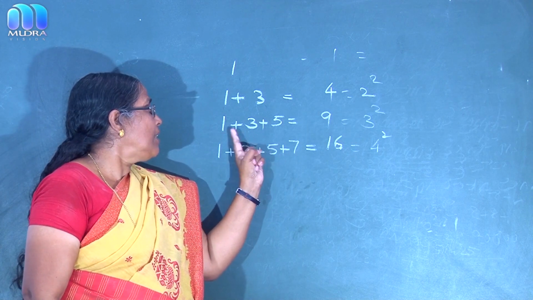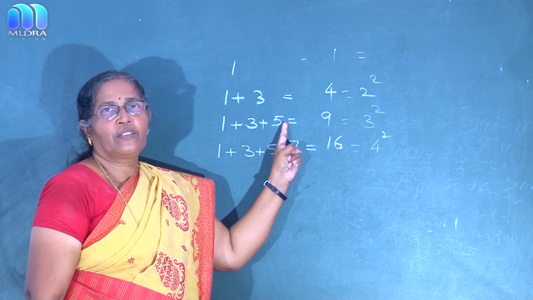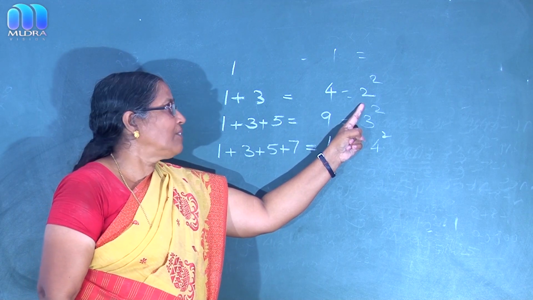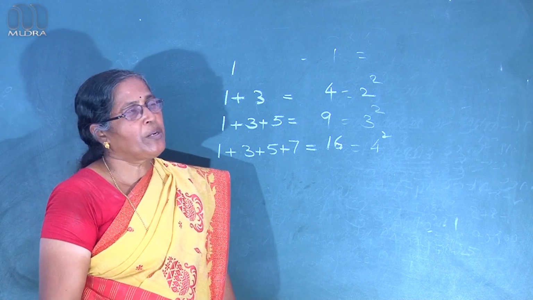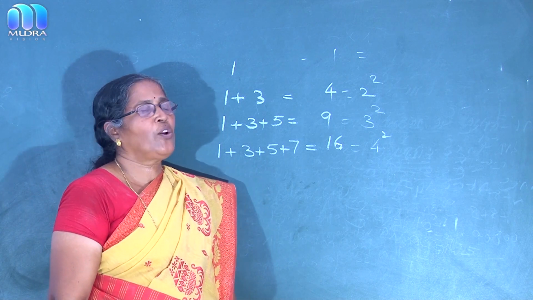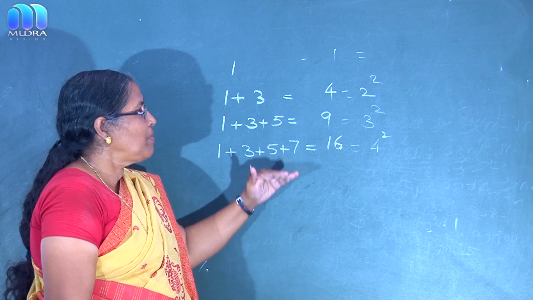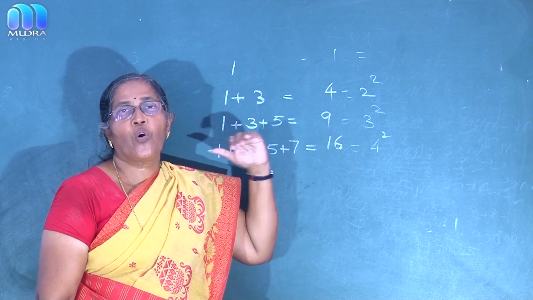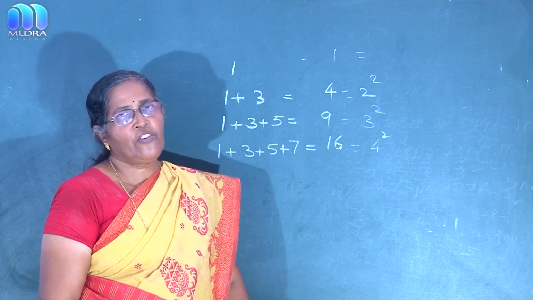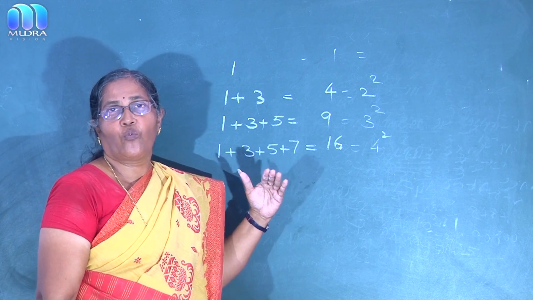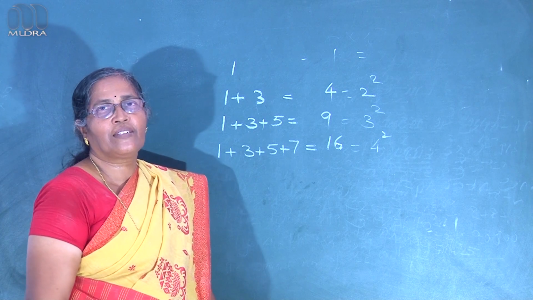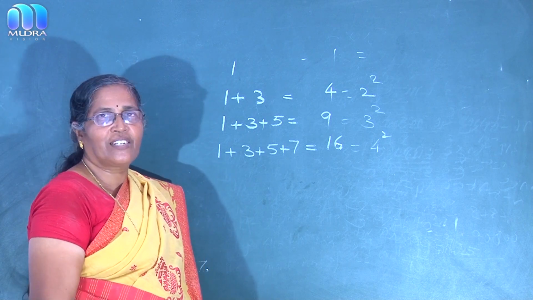Then here 3 numbers, we get the answer 3 square. Then from 1 to 20, how many odd numbers are there? 10 odd numbers are there. From 1 to 20 we get 10 odd numbers and 10 even numbers. Then the sum of the odd numbers from 1 to 20 is 10 square, that is 100.